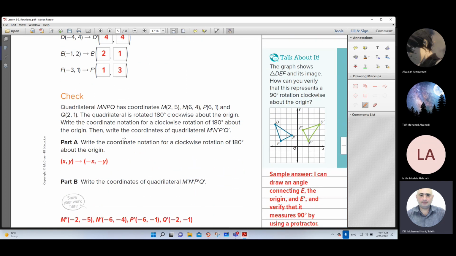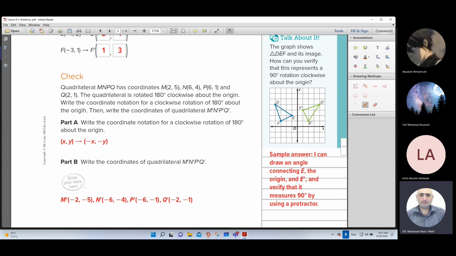The second example here, quadrilateral MNPQ has coordinates M, N, P and Q. The quadrilateral is rotated 180 clockwise about the origin.